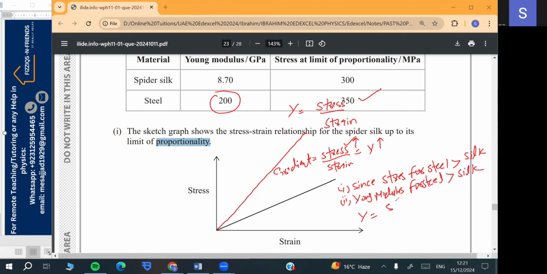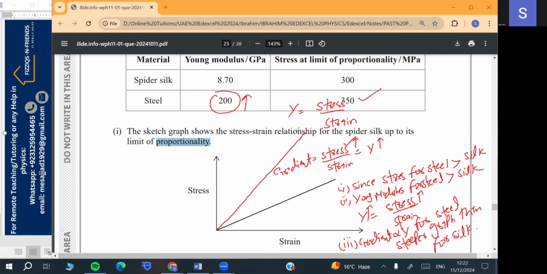Stress over strain is directly proportional to Young modulus, so the gradient is directly proportional to Young modulus. For steel the gradient is more, so it is a steeper graph than for silk. Steeper means having a higher inclined plane, with a higher angle of inclination. This is kind of 75 degrees, you may say, and this is kind of 35.